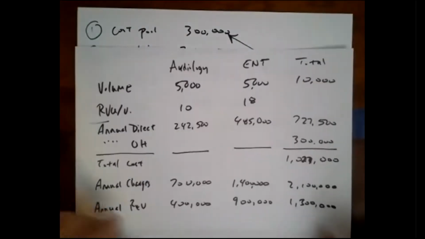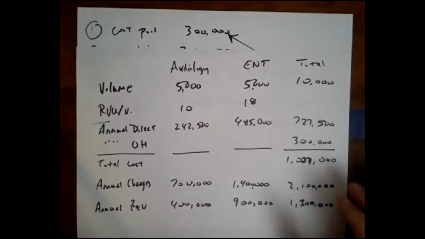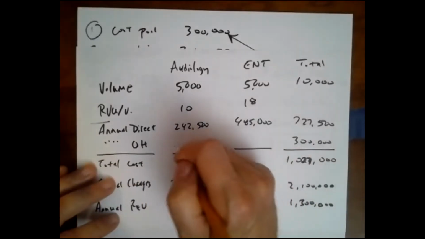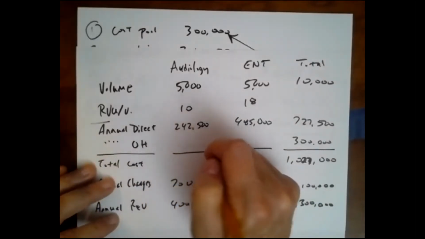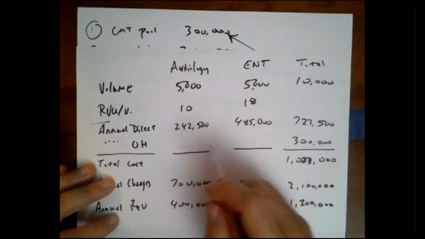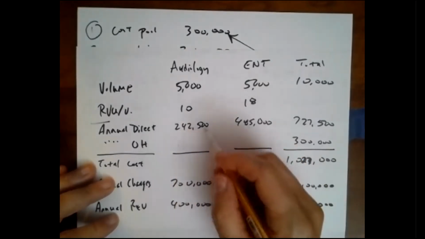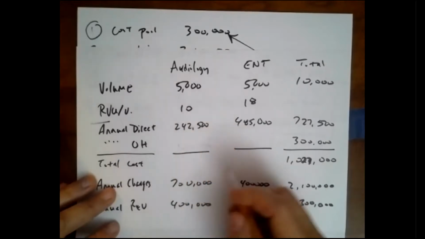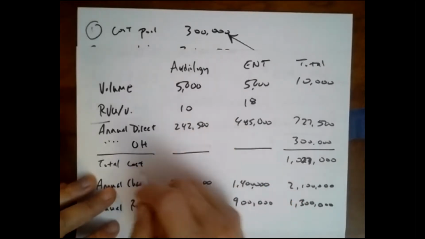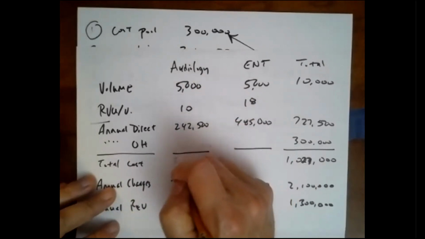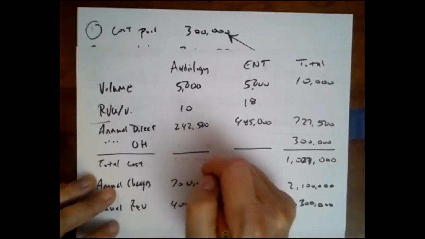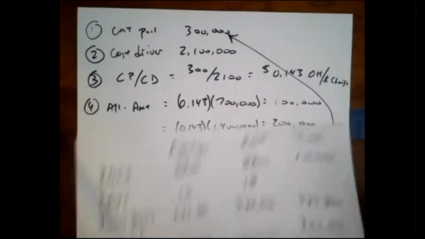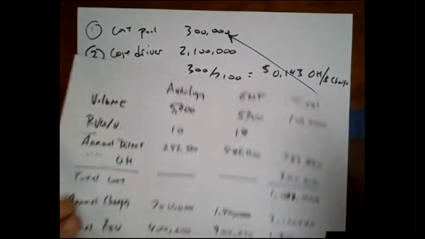So now what would we do? Well, in class, I said, okay, I'm going to take 100,000. I'm using pencil because I'm going to erase it, as my overhead. And I'm going to add that to the annual direct costs to get my total cost for audiology, which would be $342,500. And then for my ENT, I'm going to allocate them 200,000.